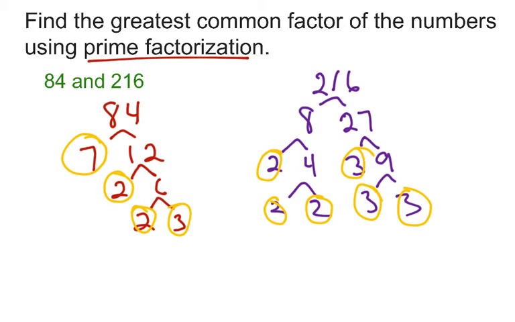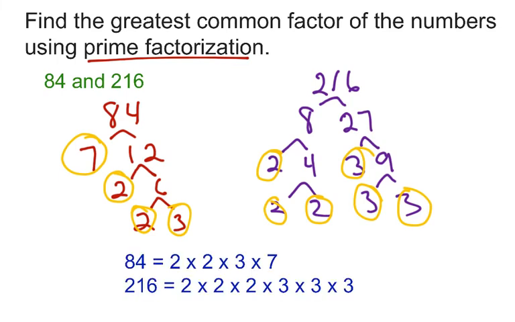So now I'm going to list the numbers on top and bottom, and I'll do it nice and neat for you. So now you see that I have it printed nice and neat, so it's easier for you to notice the common factors. So we have 2's, we have a second set of 2's, and we have one set of 3's.